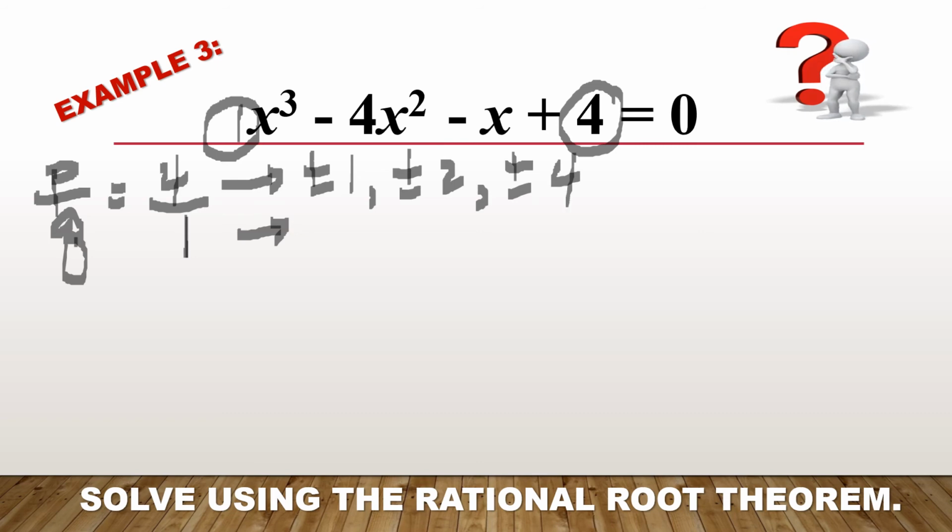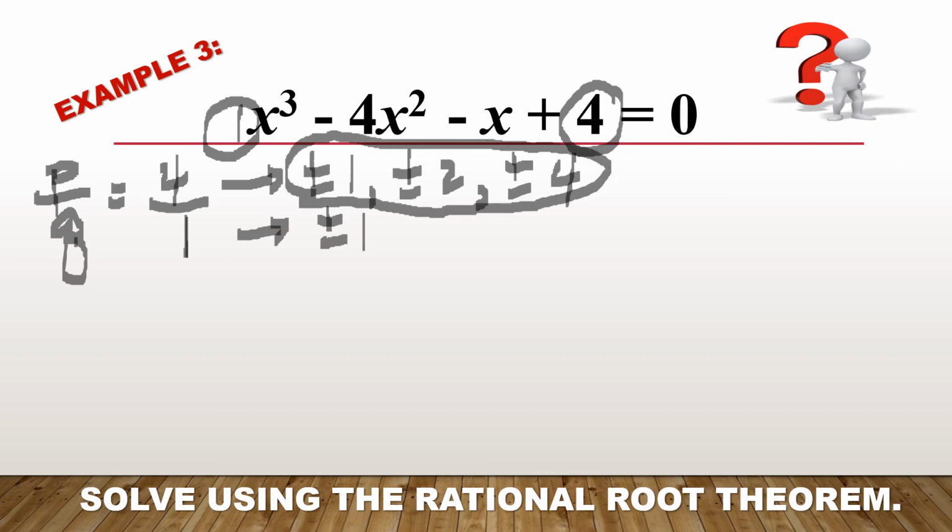For the factors of 1, we have positive, negative 1. No more. So, we need to divide again. Since this is 1, obviously, these are the possible roots also. So, possible roots only, but not the actual roots.